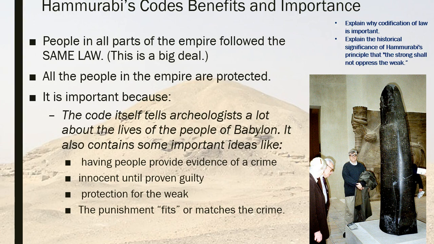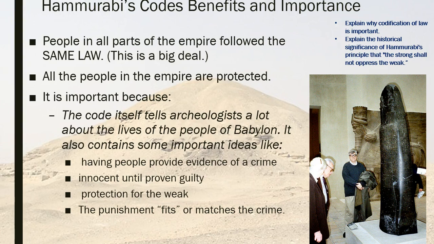Now, the law does tell us a lot about Babylon and the life of the Babylonian people at that time, but it also influences us in our present-day life, because the Code of Hammurabi was the first time that a leader came up and said that as part of the law, you had to provide evidence to accuse somebody of a crime.